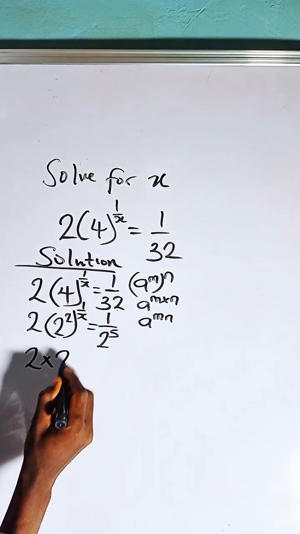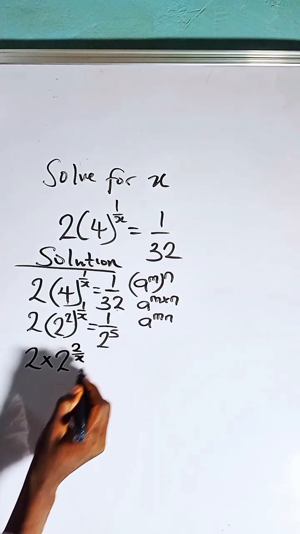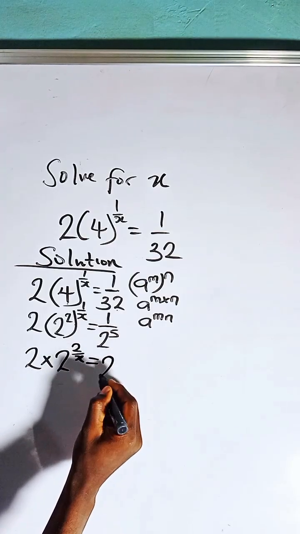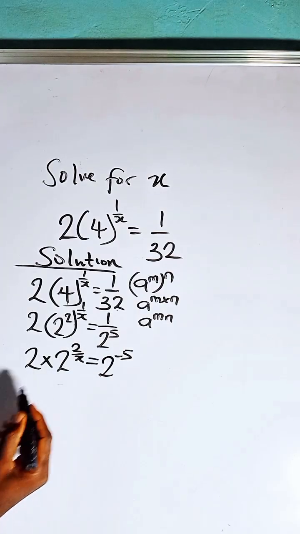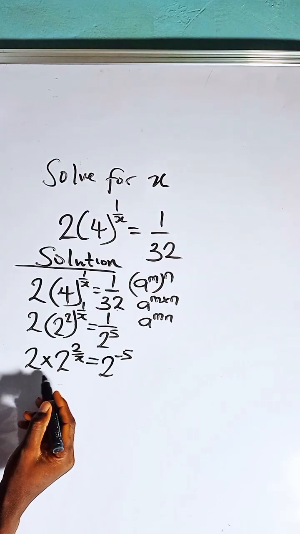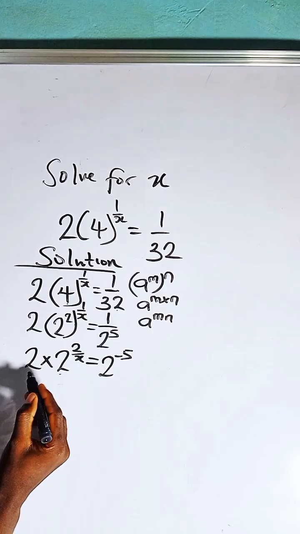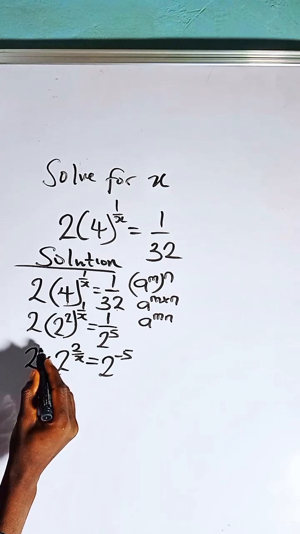So we have 2 times 2 over x, equals, and we can write this part as 2 to the power minus 5. At this point, we can apply the multiplication law of indices, multiplying the same base: we take out the base and add the powers.